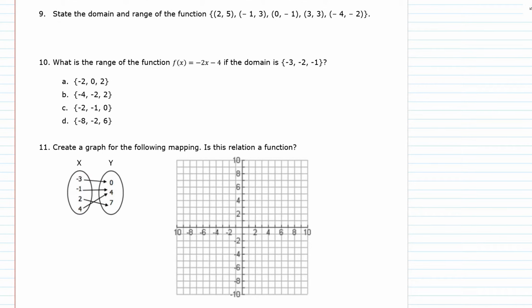On number 9, we see it's asking for domain and range. We know domain is equal to the x's, so all of our x values, 2, -1, 0, 3, and -4. We know that range is y, or the output values, so we look at each of our y's.